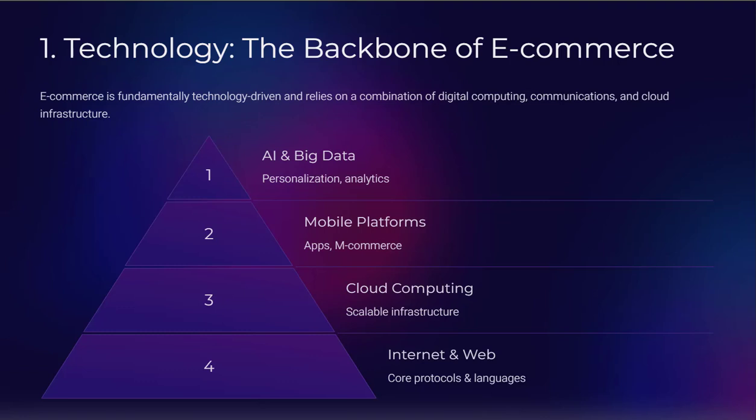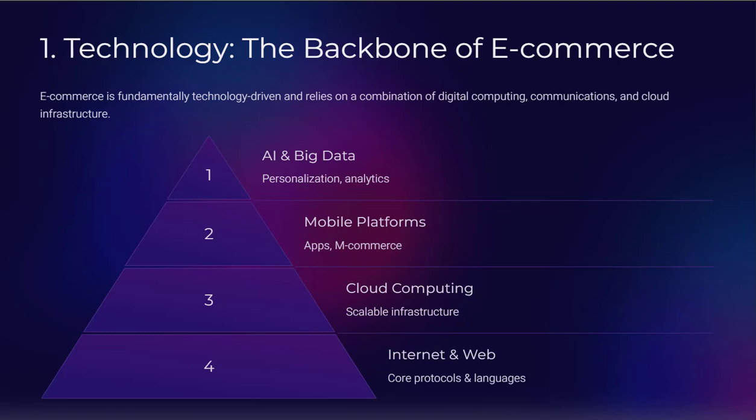Without technologies, no e-commerce. So for technology, we consider AI, big data, cloud computing, IoT, mobile platforms, and the internet and the web. The four key technology pillars that enable e-commerce: AI and big data, powering personalization and analytics to better understand and serve the customer. For mobile platforms, apps and m-commerce, or mobile commerce, are critical for reaching customers on the go. 65% of customers purchase online this way, so the mobile platform is more important.